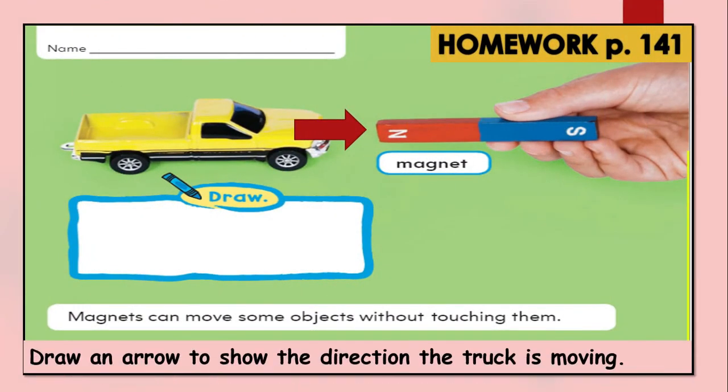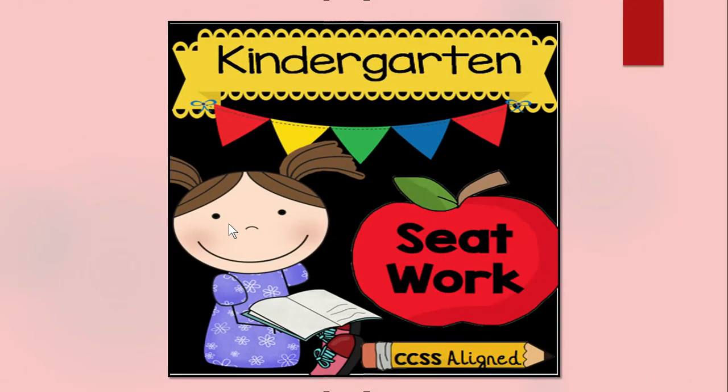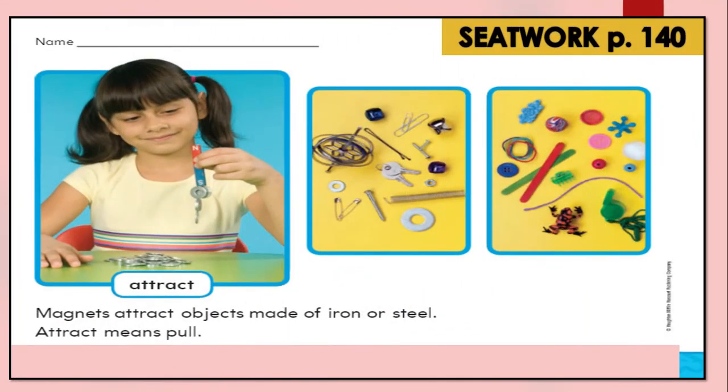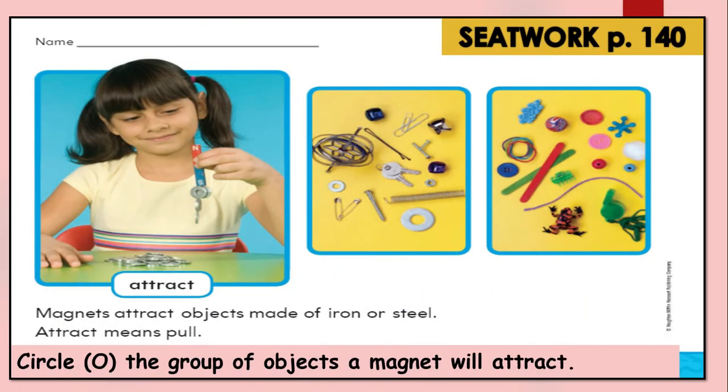Now let us have homework in Science Vision page 141. You are going to draw an arrow to show the direction the truck is moving, just like that. You are going to draw it inside the box here. Next, our seat works are on page 140. You're going to circle the group of objects a magnet will attract.